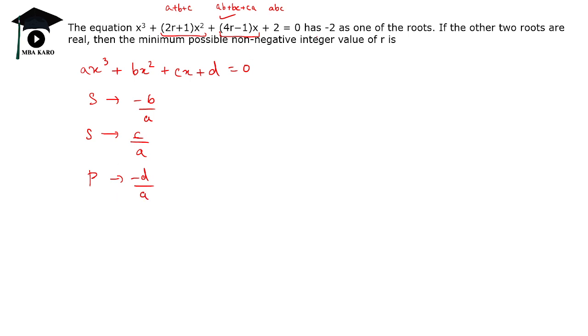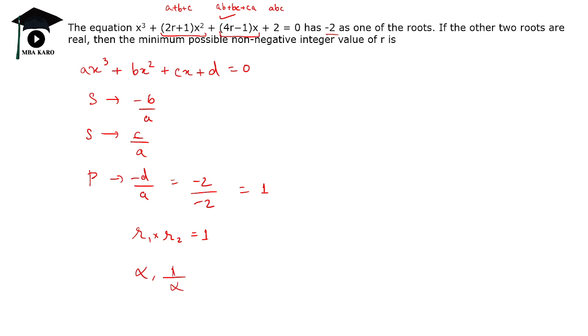Now we are given that −2 is one of the roots of the equation. So the product of the roots is −2, and one of the roots is −2, so the product of the other roots, let's say r1 and r2, is 1. If the product of the roots is 1, the roots will be of the form alpha and 1/alpha.